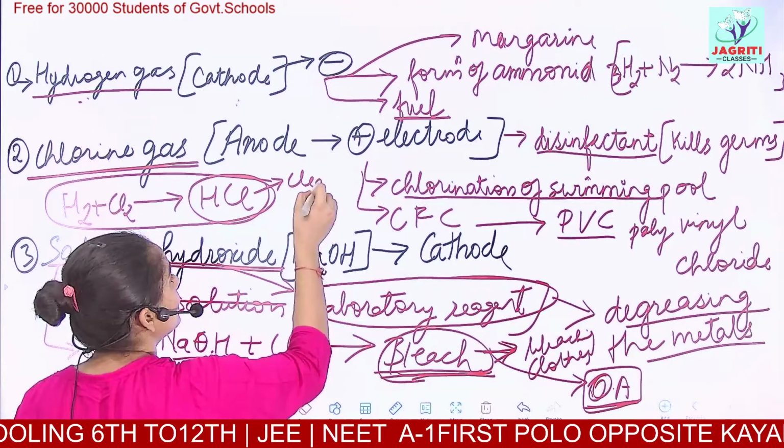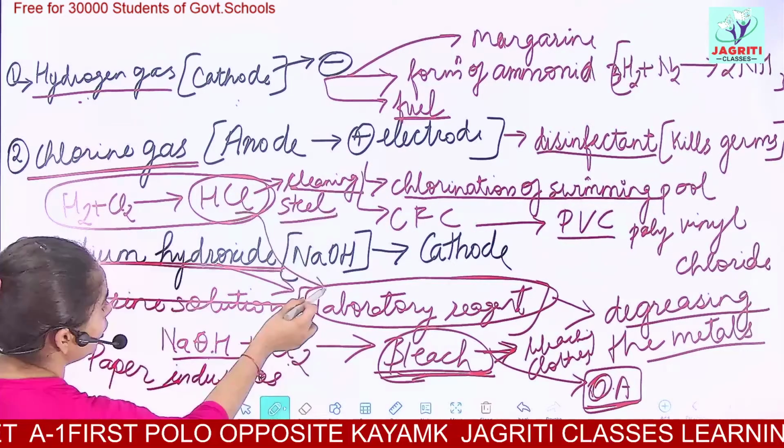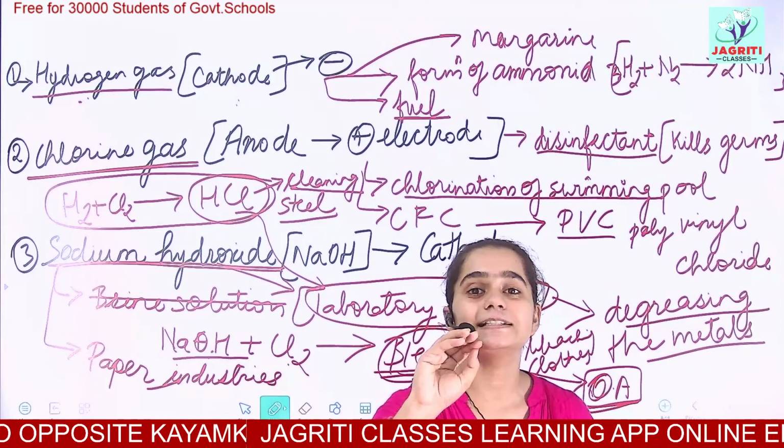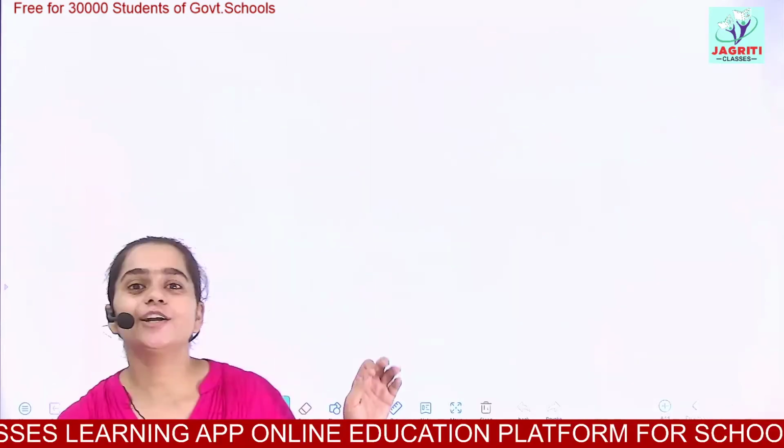It is used in giving the shine to our steel utensils, and it also works as a laboratory reagent. So this was all the account of the uses of electrolysis of NaCl, and the byproducts so obtained are used for a lot of purposes.